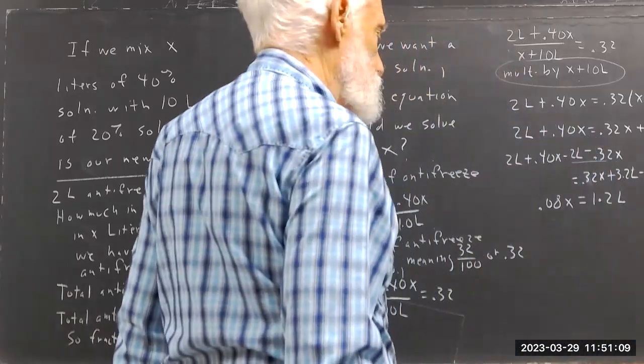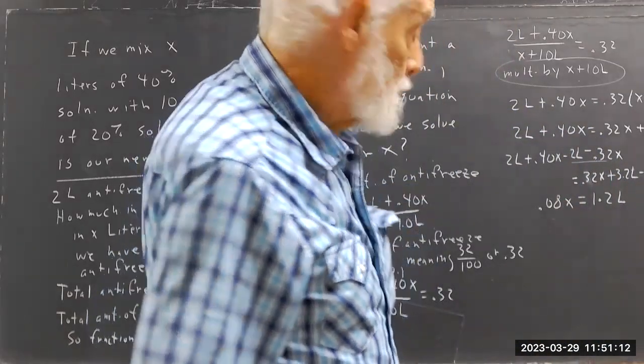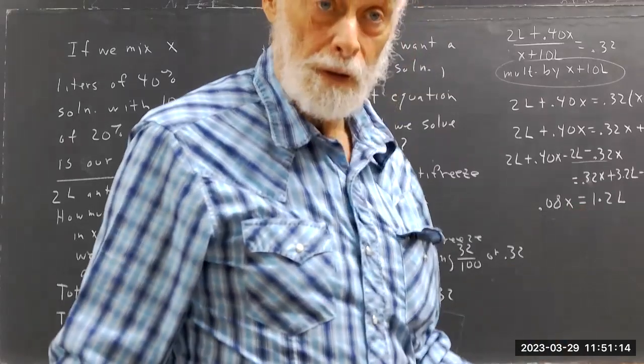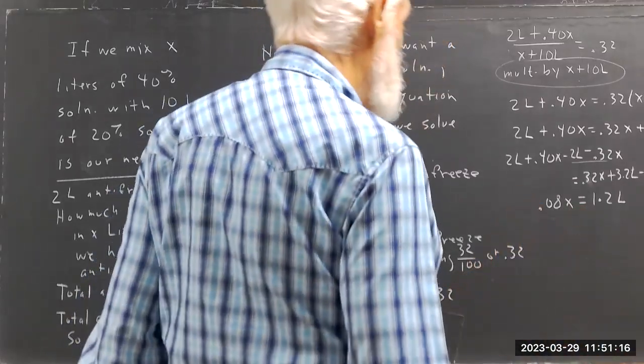Then we can divide 1.2 by 0.08, and we're going to get 15 liters.